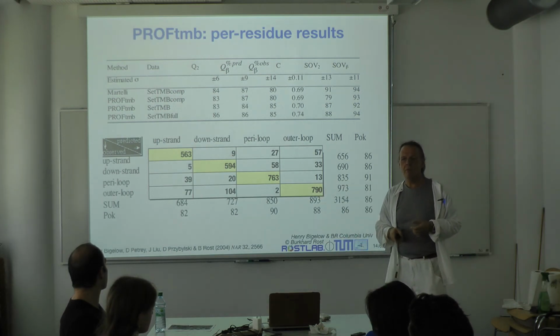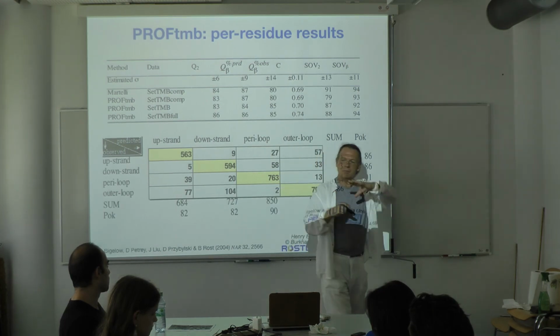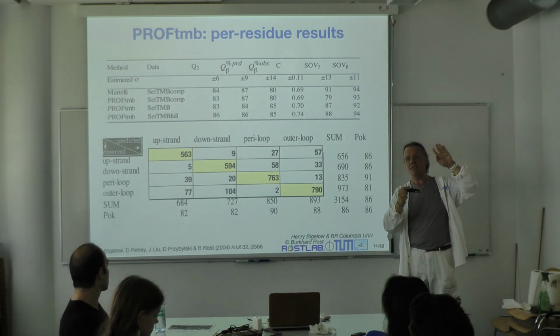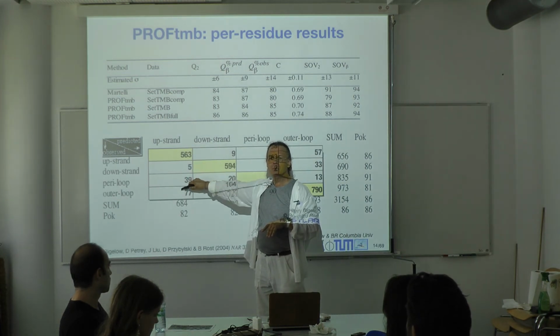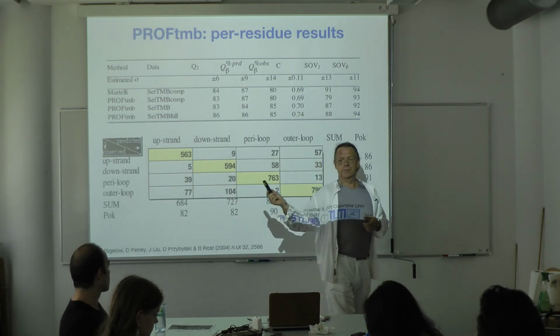And this most likely comes from the fact that for some of the residues at the end, because you don't see the lipid, you don't exactly know when the beta strand ends. So for some of these upstrand residues, you may call them loop residues. Not only in the prediction, but also in the labeling. Okay?